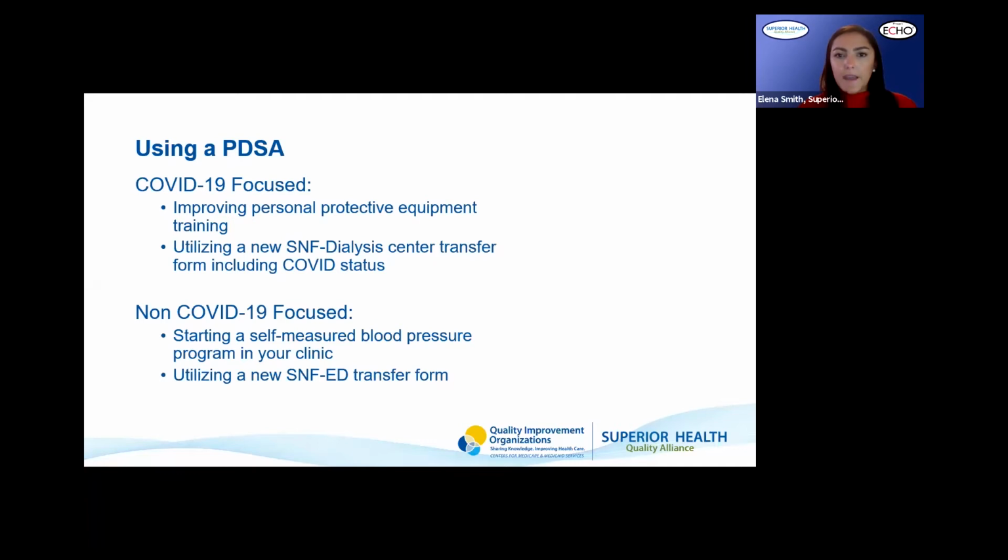You're going to start with a subset of patients, and if that's working really well, move it on to the whole patient population. Or similar to that SNF to dialysis center transfer form, a new SNF to ED transfer form. So just some ideas of ways that you can utilize a PDSA right now or in the future.